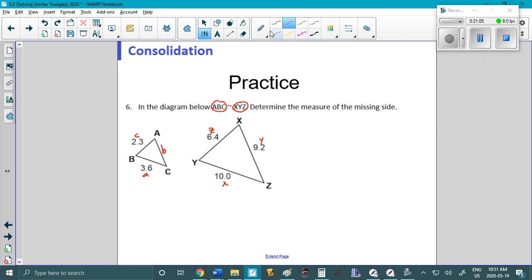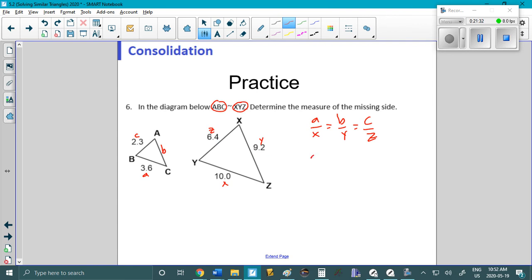So the only side that we're missing is B. So let's write our corresponding sides here. I'm not going to use the diagram. Use this: A over X equals B over Y equals C over Z. The reason I use this statement is because this tells us the order. Sometimes these triangles are rotated. In this case, they're not, but sometimes they are.